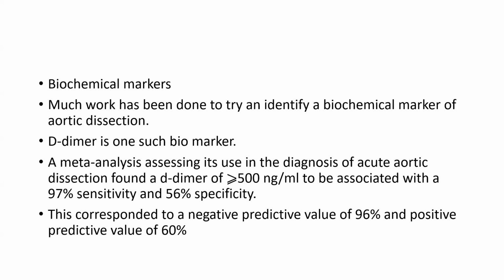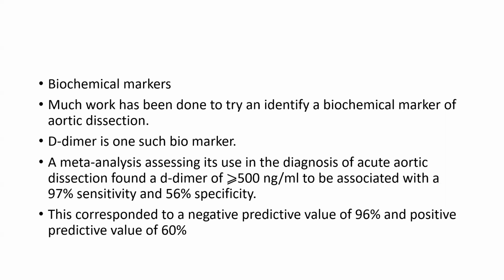Now about biomarkers, biochemical markers. Much work has been done to try and identify a biochemical marker of aortic dissection. D-dimer is one such biomarker. A meta-analysis assessing its use in the diagnosis of acute aortic dissection found a D-dimer of more than or equal to 500 ng/ml to be associated with 97% sensitivity and 56% specificity.